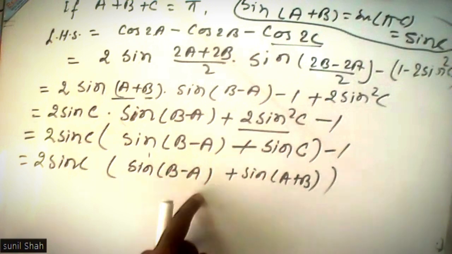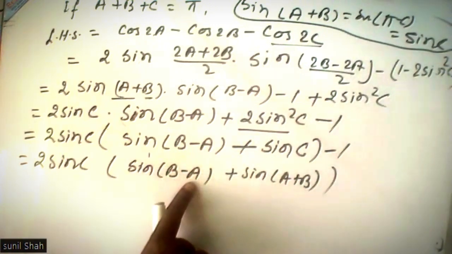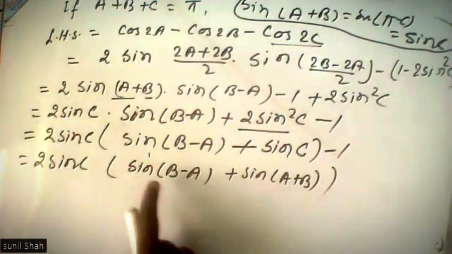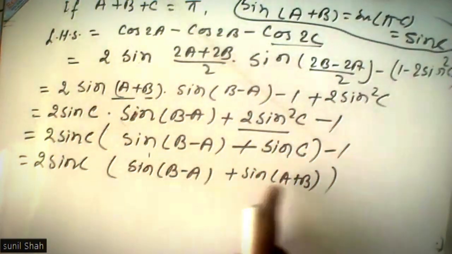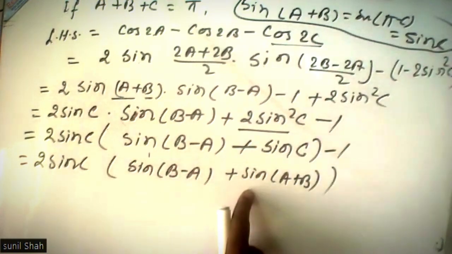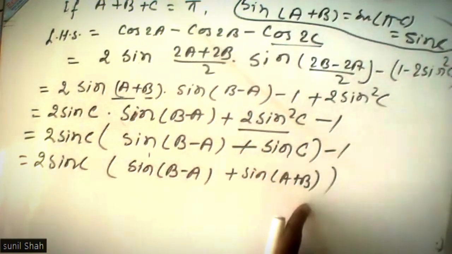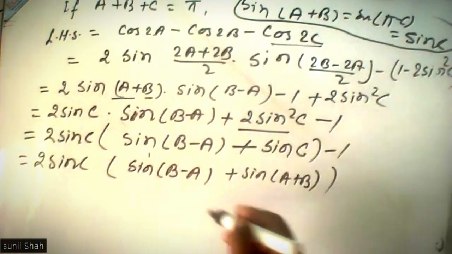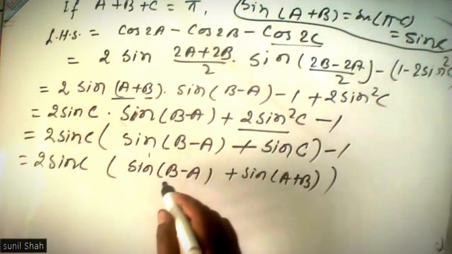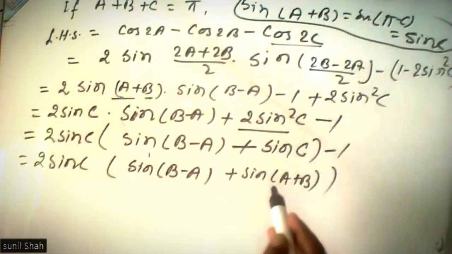We can put the formula for sin (B minus A) and sin (B plus A): sin A cos B minus cos A sin B, and here sin A cos B plus cos A sin B. So we can cancel the second term from both. We'll have sin A cos B, so 2 sin B cos A.